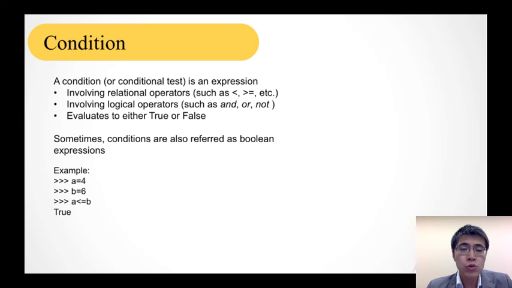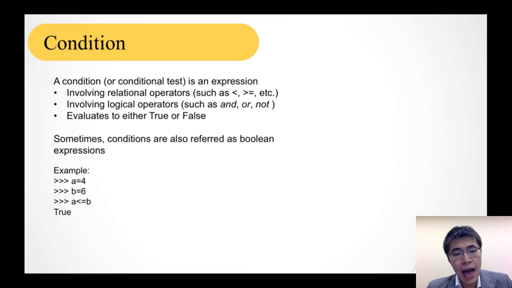So how do you make a condition? A condition is an expression. It can involve relational operators or logical operators, or just true or false. For example, let's say we give the value A is equal to 4 and B is equal to 6.